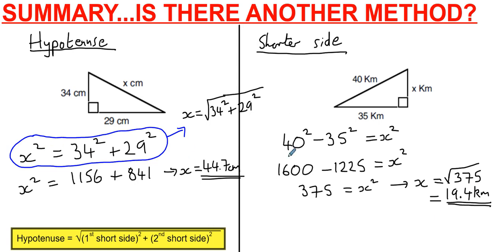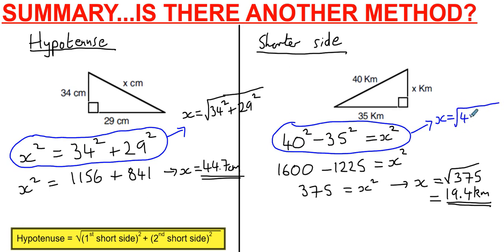But again, going back to here, could that have been done much quicker? Well, actually, it could have been. If we just take this one here, effectively, the opposite of squaring something is square rooting it, and so square root x squared is x, square root of all of this should give us the answer as needed, 40 squared minus 35 squared.